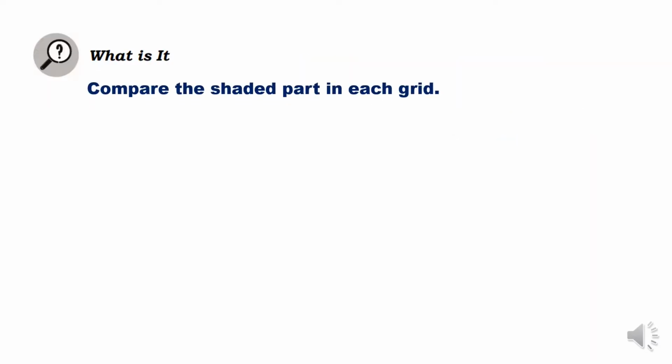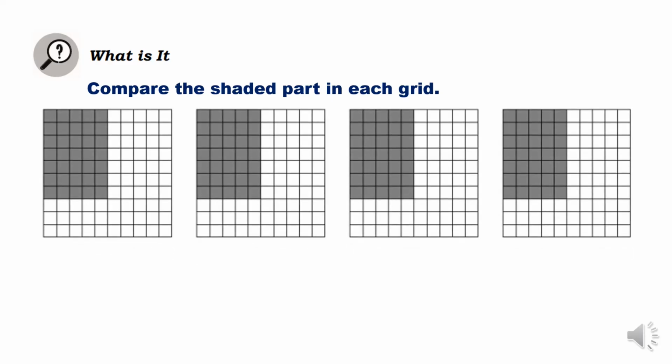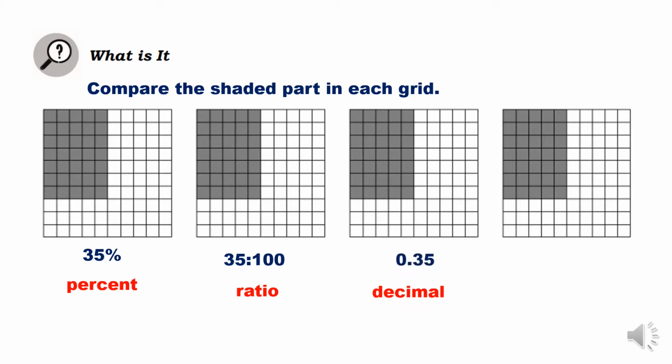Compare the shaded part in its grid. In percent, that is 35%. In ratio, 35 is to 100. In decimal, 35 hundredths. In fraction form, 35 hundredths.